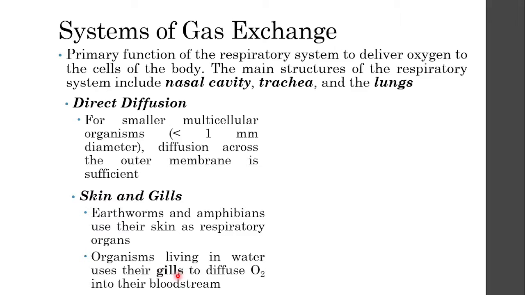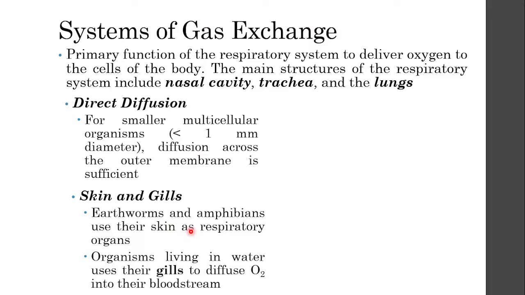And when water passes onto the gills, yung mga oxygen that is dissolved into the water actually diffuses from the water papasok dun sa gills, and from the gills, that's where they get the oxygen they need in order for their body to undergo cellular respiration and create ATPs. So those are another way of gas exchange for different animals.